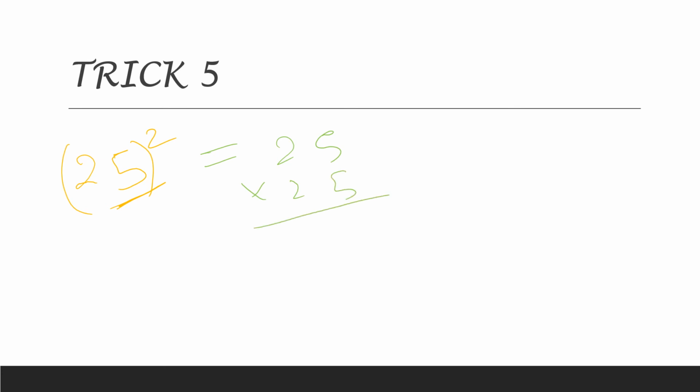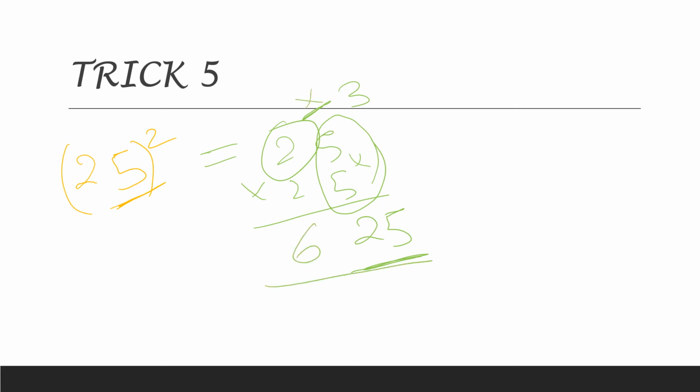The same way we'll do, but what we do is take 5 into 5, directly multiply, and write 25 over here. So the ending digits of this square are 25. Now we have the number 2. Multiply 2 with 3, the next number after 2. When you multiply these two, you get 6. So you get the answer as 625.